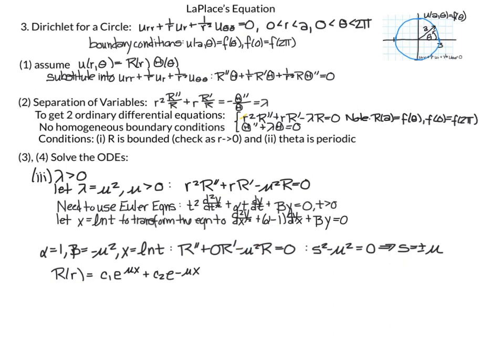So now we have, and in this case, for my characteristic equation, characteristic equations usually have an r, but because r is our variable here, I use the variable s. So I have s squared minus mu squared equals 0. So s is equal to plus or minus mu, which means that r is equal to c1 e to the mu x plus c2 e to the minus mu x.